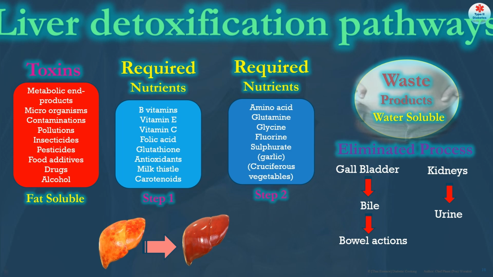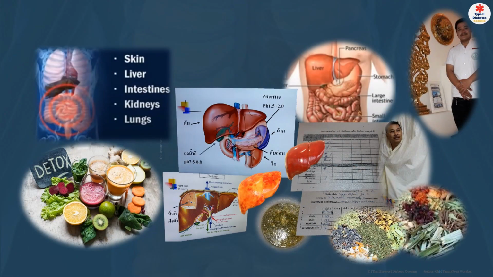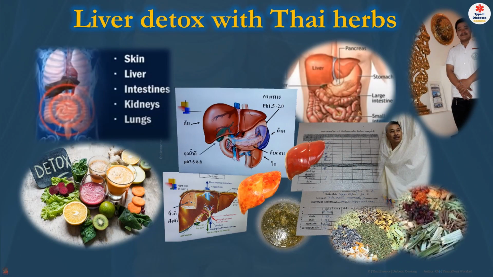There are many ways people do it, taking drugs, to do all these different kinds of routines, but in Thai, they do it with the Thai medicinal herb. So the liver detox with Thai herb is going to help your skin, your liver, your intestines. It's cleaning the kidney and your lung.